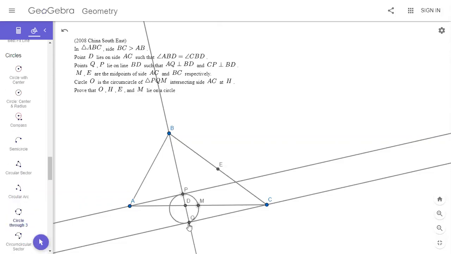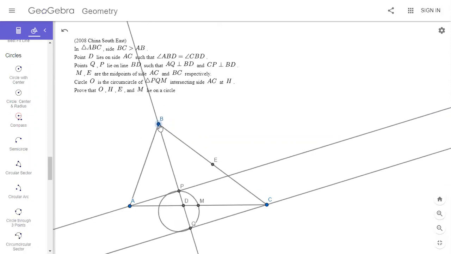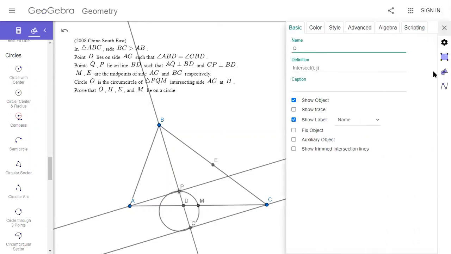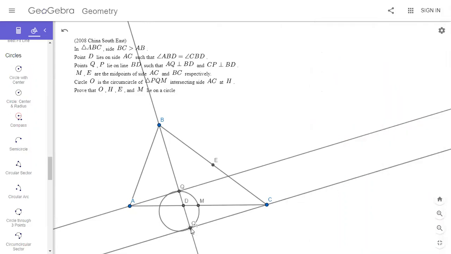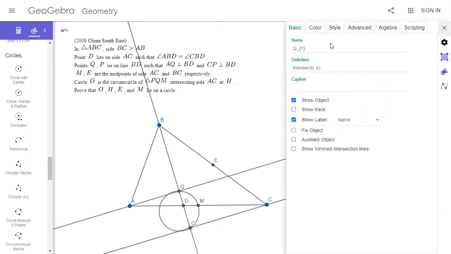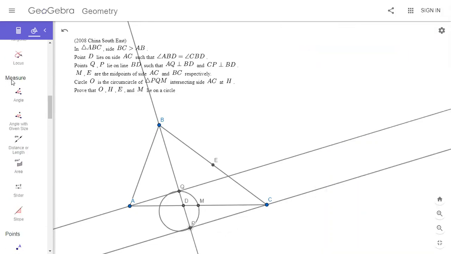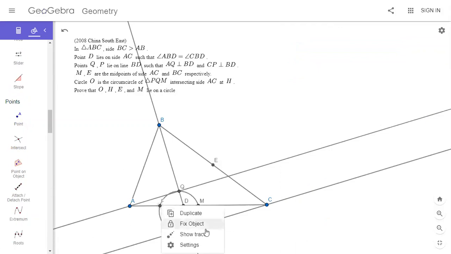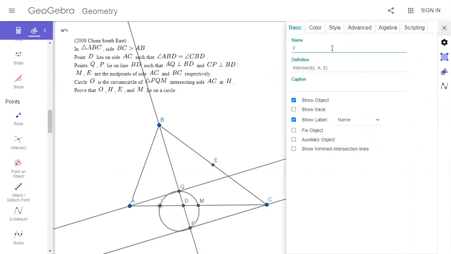Let's see. Did I do all that right? Oh, this should be Q and that should be P, right? AQ, yeah. AQ and CP. And it intersects side AC at H. And we want to show OHEM are cyclic.